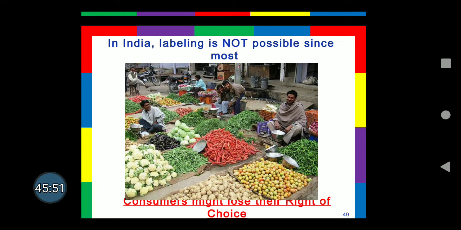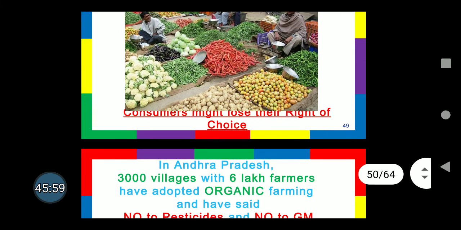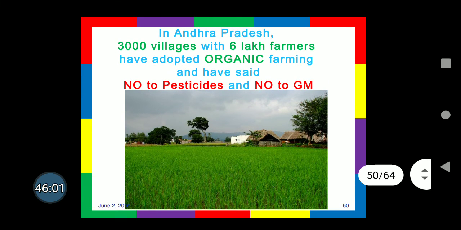The consumer may raise the right of choice if they are aware of the impact of genetically modified foods. In Andhra Pradesh, 3,000 villages with 6 lakh farmers have adopted organic farming, and they said no to pesticide and no to GM crops.